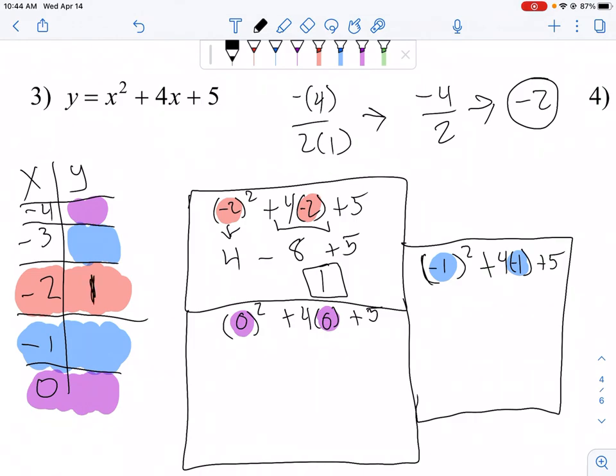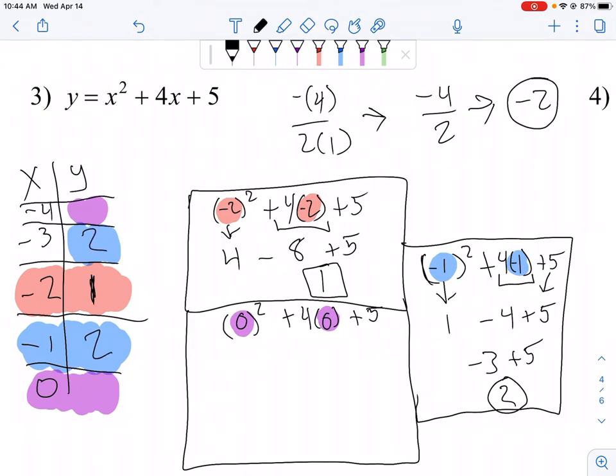Let's see what happens for our blue. So negative 1 times negative 1 is positive 1. 4 times negative 1 is negative 4. And we're bringing this 5 down. So 1 minus 4 is negative 3 plus 5, and that's going to give us 2. So when I plug in a negative 1, I get out a 2.